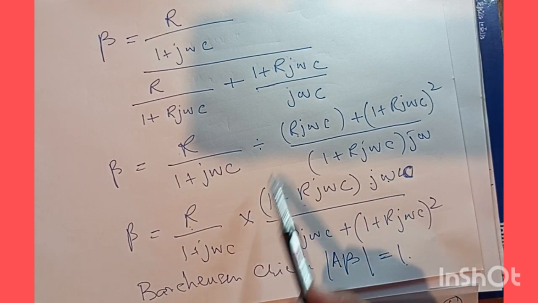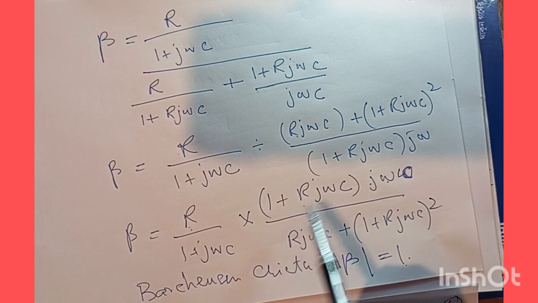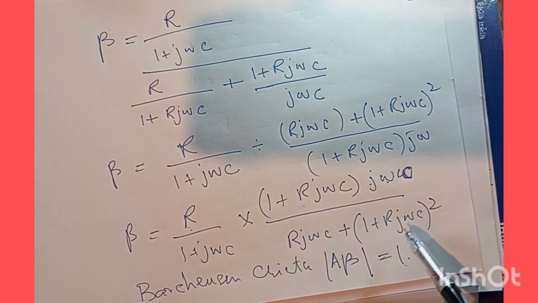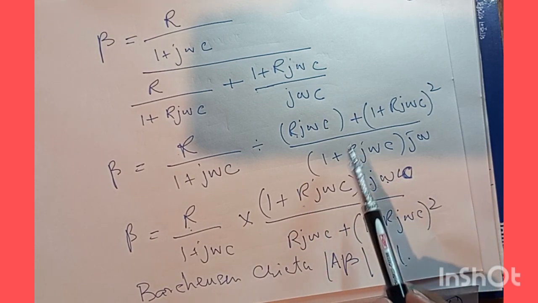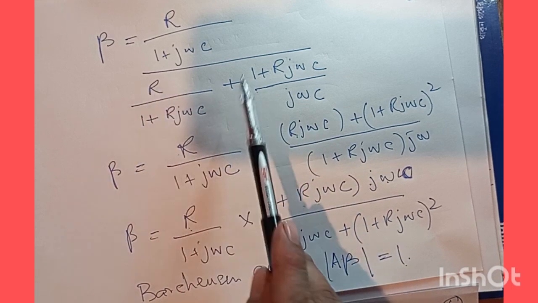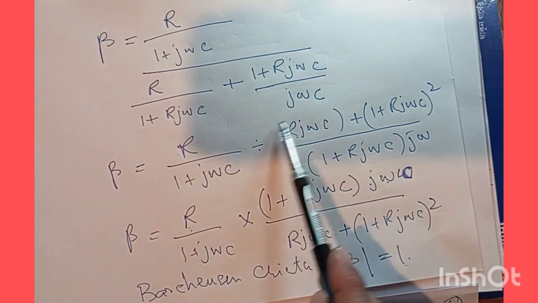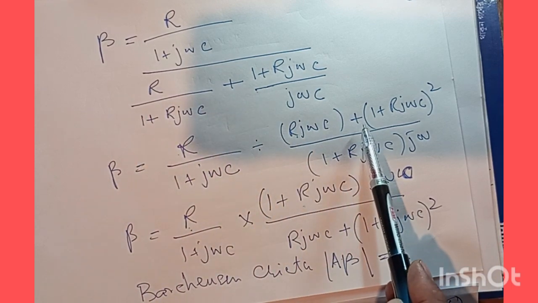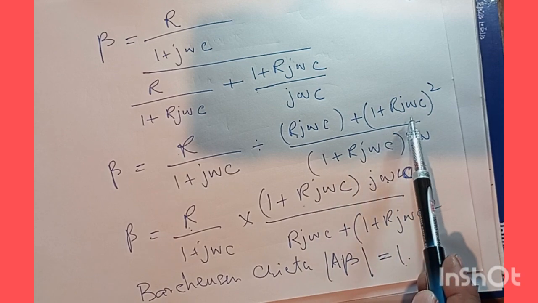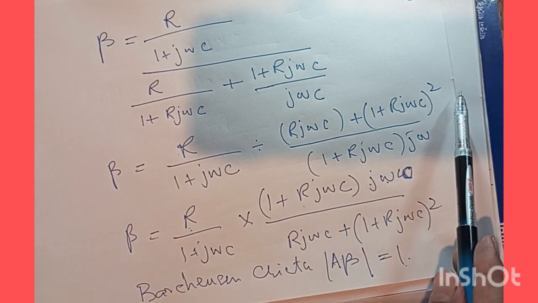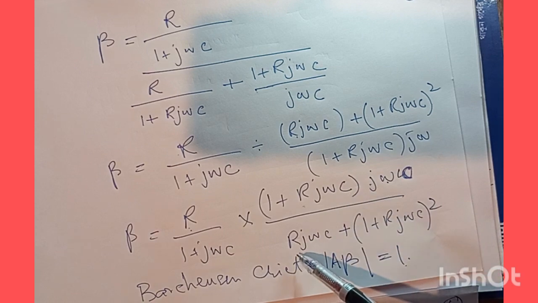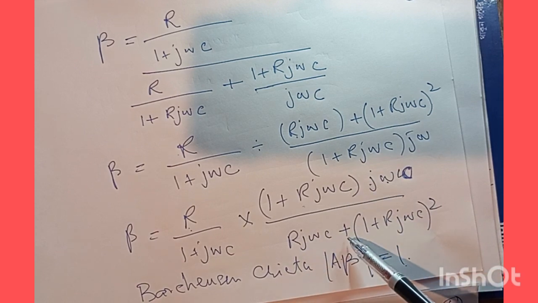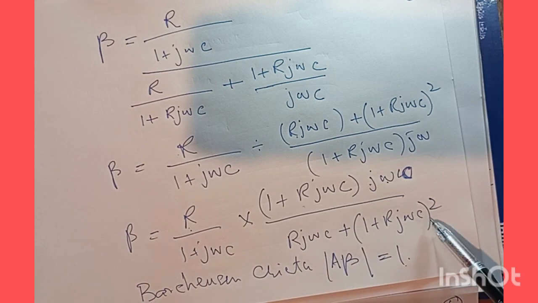So when you convert this into the multiplication, what we are going to get here is this is the division. This is R J omega C is correct. Then plus 1 plus R J omega C whole square is also correct. So this is going to come down here, R J omega C plus 1 plus R J omega C whole square.